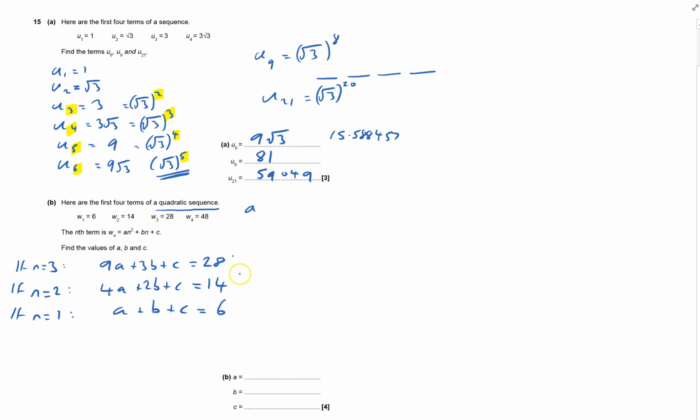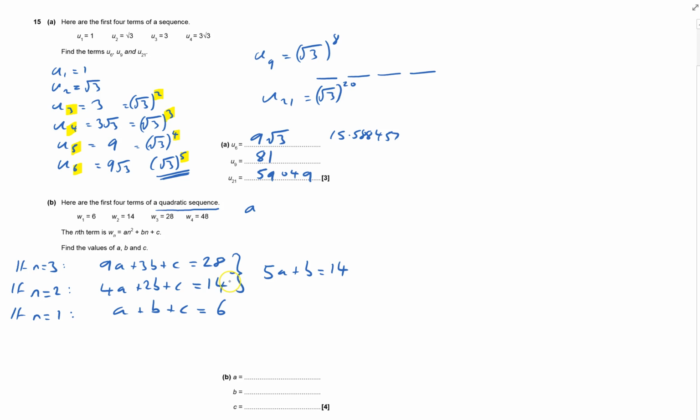And if I take those first 2 equations and subtract, then what's going to happen is I've got 9a's take away 4a's, and I'm going to get 5a's, and it's nicer to do the bigger one at the top, so that's why. So I'm subtracting the top 2 equations, and that will give us 5a plus b. There are no c's, and that will equal 14.